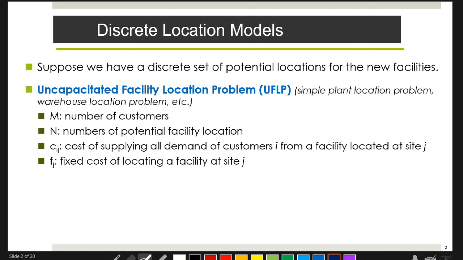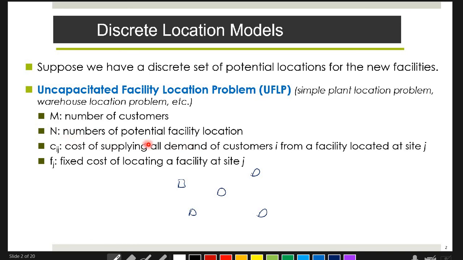And again, remember, in this problem we have a number of customers. I can represent these number of customers here. Usually, for example, if you are locating a warehouse which will serve different cities, you can consider these customers as the cities. And then we will have a number of potential facility locations.